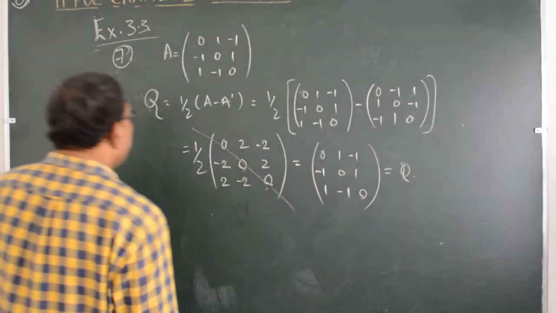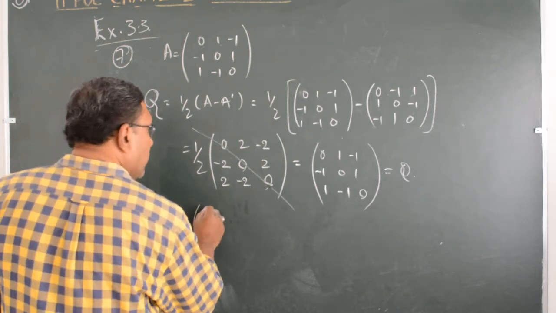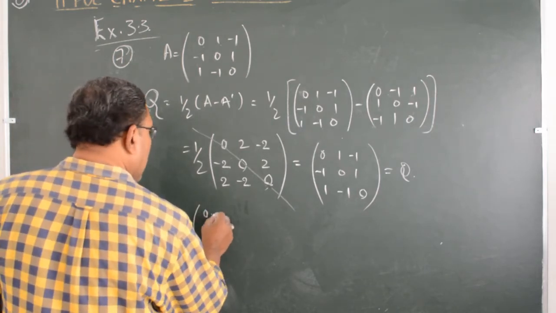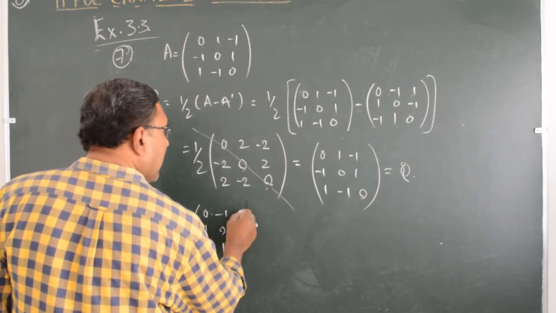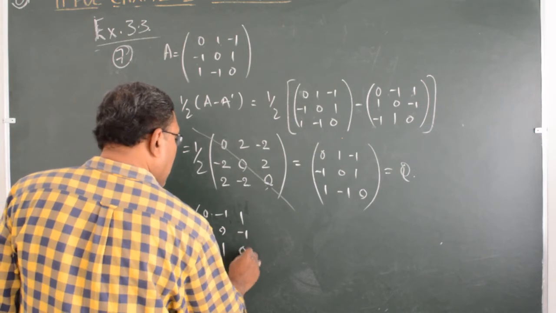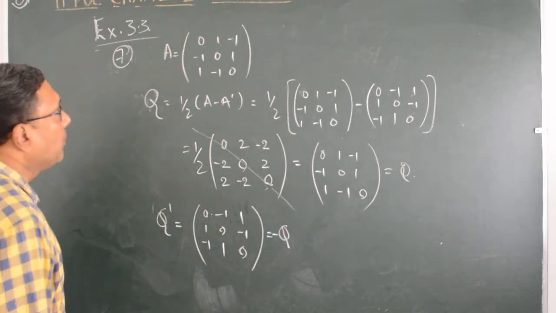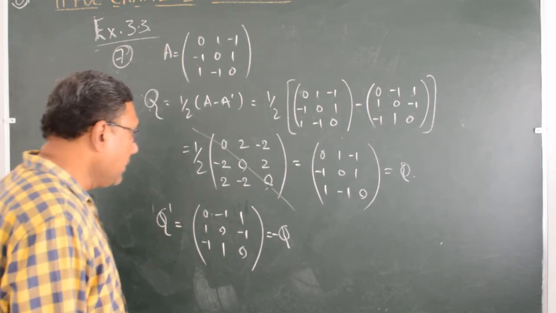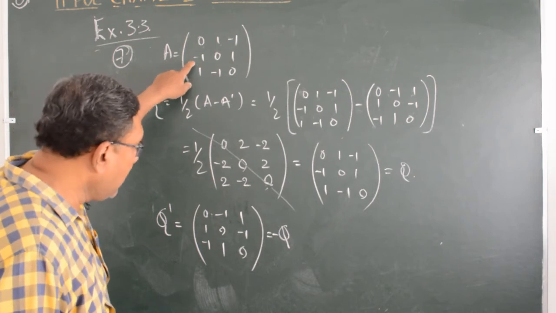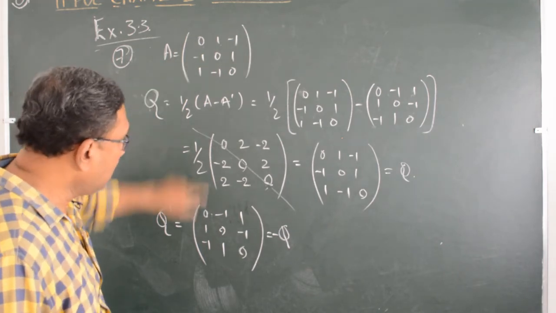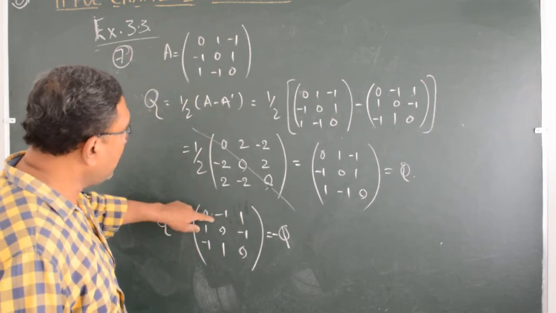Now what is Q transposed? Q transposed will be 0, 1, minus 1; minus 1, 0, 1; 1, minus 1, 0, which is obviously minus of Q, right? Minus of Q, that is minus of A. Look here, there is plus here, minus here, plus here, minus here.